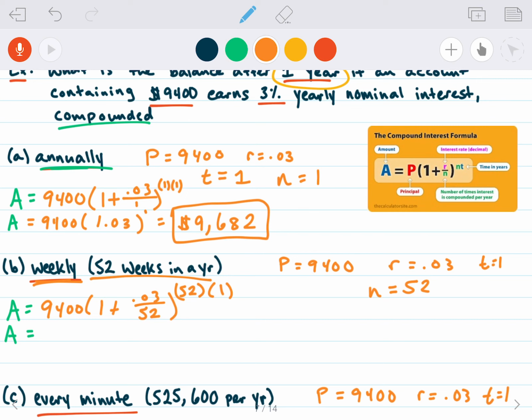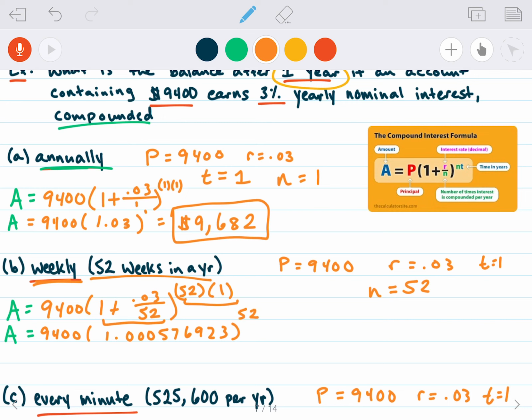Remember PEMDAS, I have to do everything on the inside first, so if it helps, you should write down all of these intermediate steps. So 0.03 divided by 52 is going to give us a weird number. But if I add 1 to that weird number, I'm getting 1.000576923, and this is all raised to the 52 times 1, which is all raised to the 52 power.